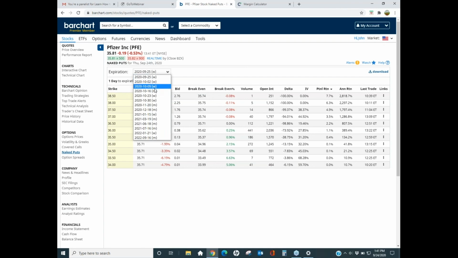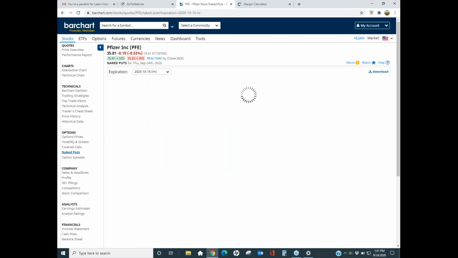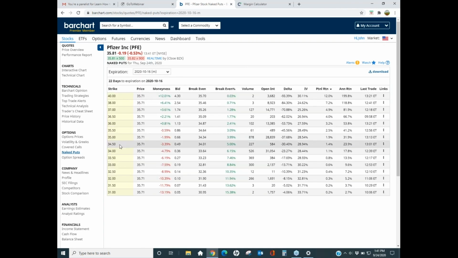Again, I like to look for monthlies, and at a $34 value on an October one, I'm only getting 36 cents. That would fall underneath my threshold, but it's still 1%. Not great, but still 1%.